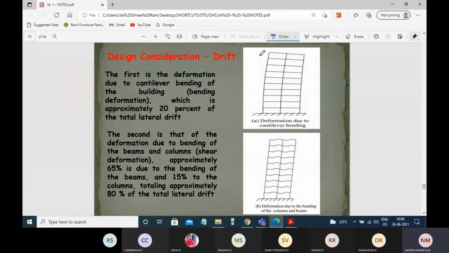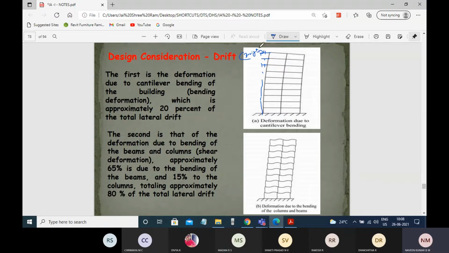Say, for example, if I just draw the datum line, you can see the displacement of this floor, and again the displacement of this particular floor. You need to consider the displacement of both above and below. If you take the average with respect to the height of the floor, you'll get the drift. I'll discuss that while doing the lab.